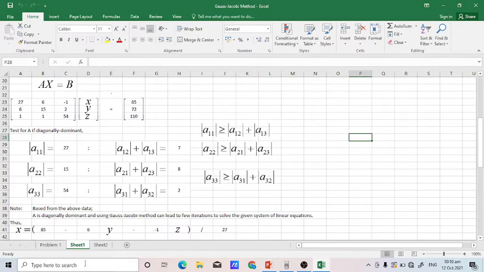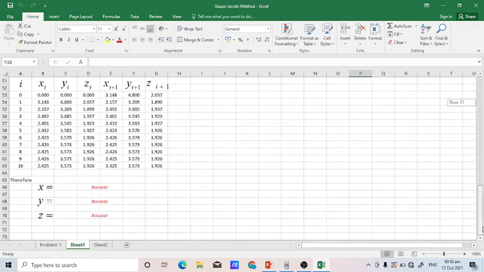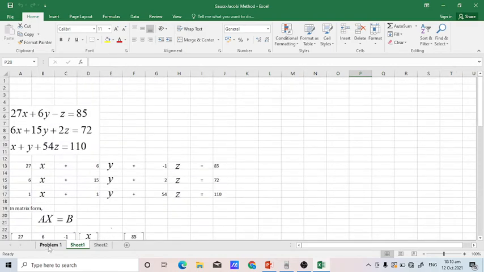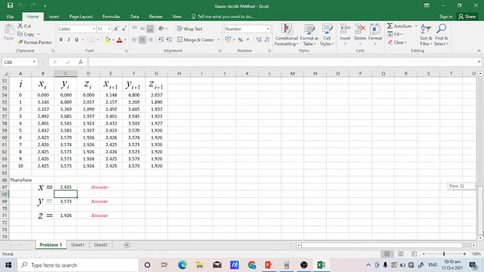Okay, so we have here. So here's the problem. So this is my previous problem. And our answers are as follows: 2.425, 3.573, 1.926. No? Is that correct?